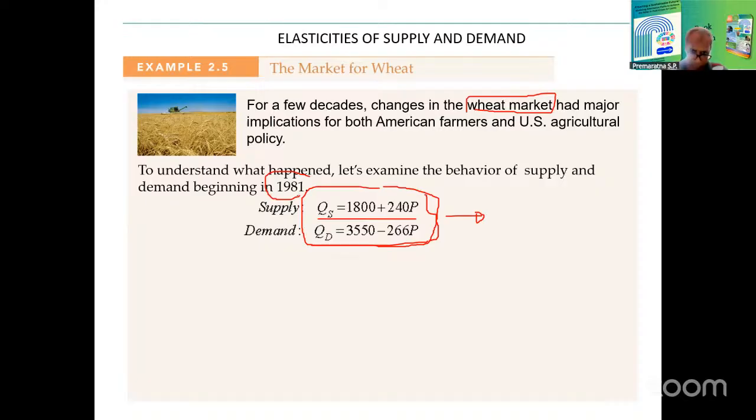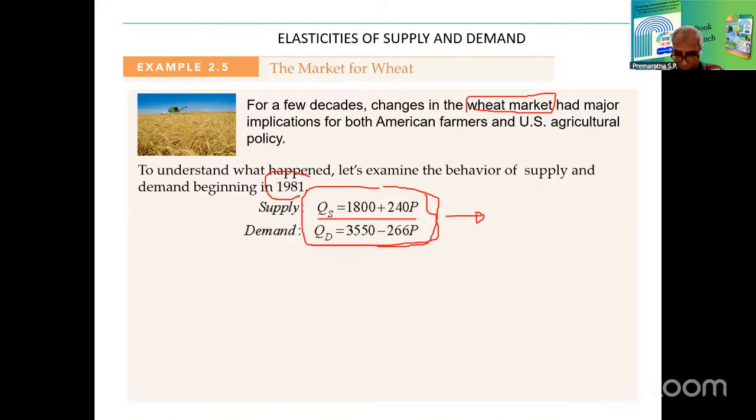Now I want to know, if you are a policymaker, at this market price, you decide to impose tax. What happens? Imposing tax means after the import tax, the price increases, or not to impose tax. How do you find the answer?